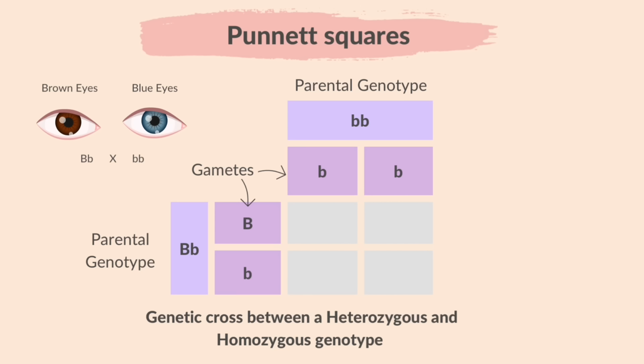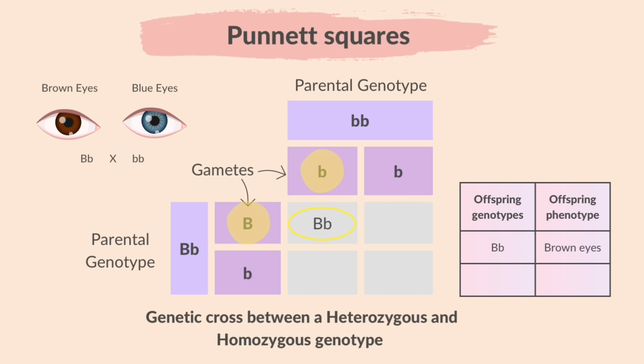So what are the possible allele combinations of the offspring produced? Here we will have capital B, small b, so the offspring will have brown eyes. Here also we will have capital B, small b. Here we will have small b, small b, so this offspring will have blue eyes.